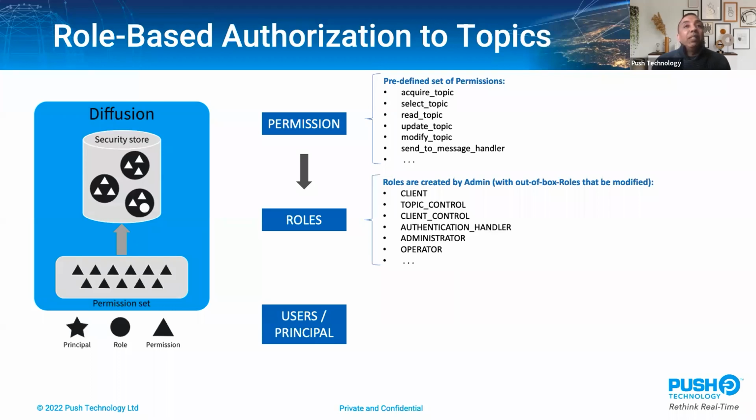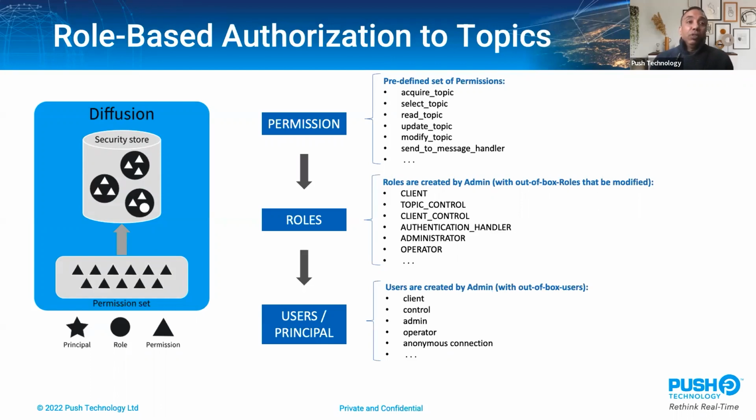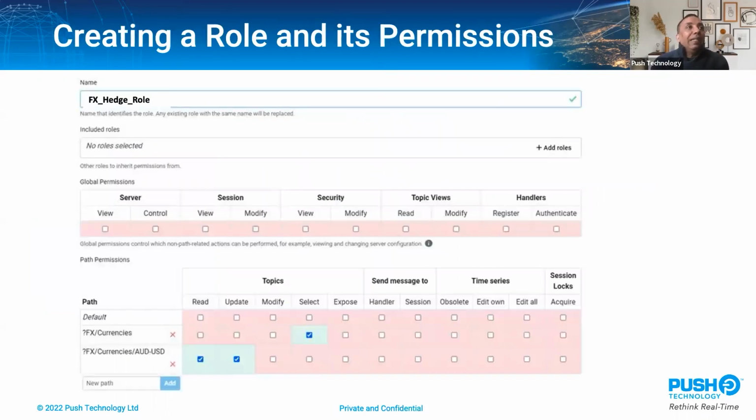So this is where the admin comes into the picture. Once you have the roles, you can assign roles to the users. The platform also comes with pre-built users like client, admin, and you can have anonymous connections. You can assign what roles each of these users has, and that can be done on the console. So let's say you are adding a new role, an FX hedge role, and you can give global permissions for what this particular role can do.